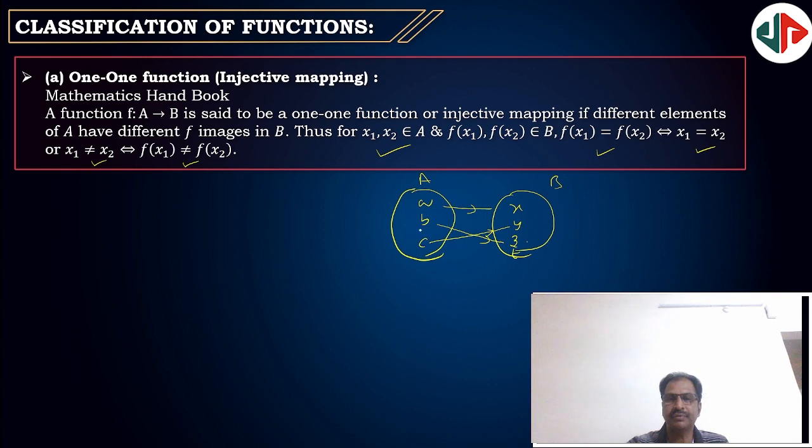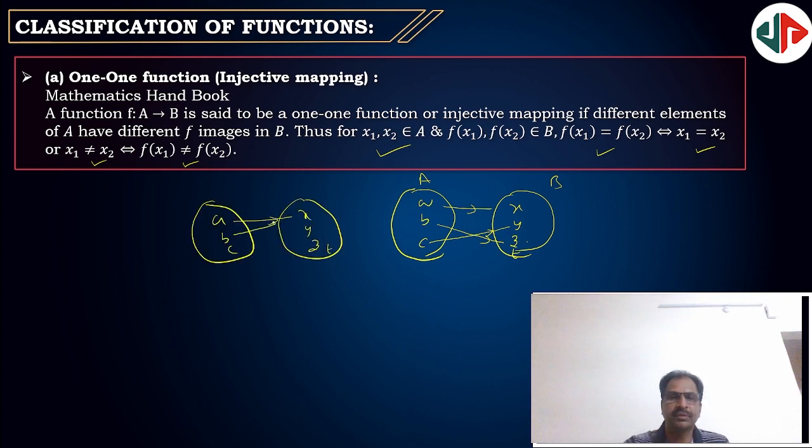So if elements are different, their images should be different. That's what x1 not equal to x2 means, f of x1 should not be equal to f of x2. So the simplest way of remembering 1-1 function is if different elements have different images, then the function is said to be 1-1.